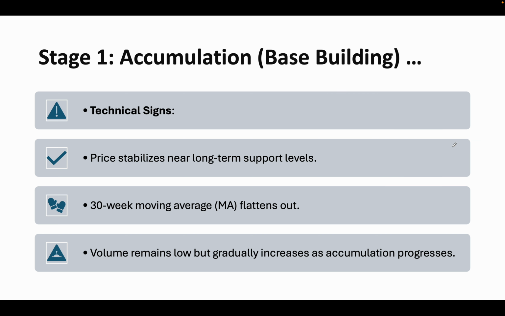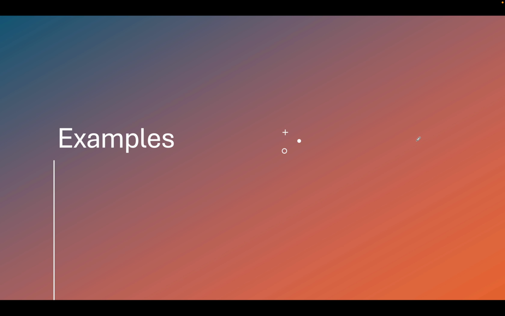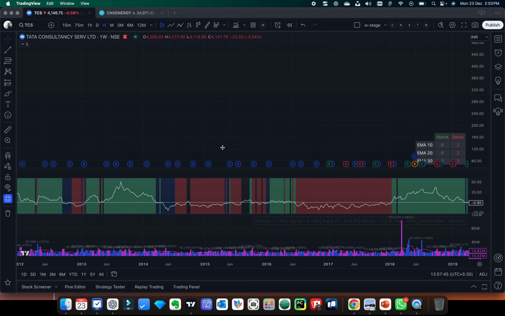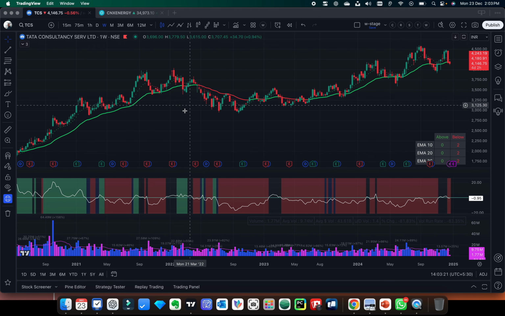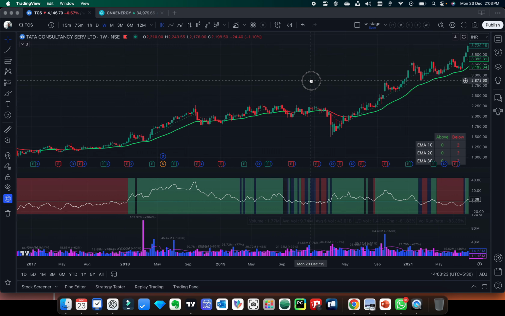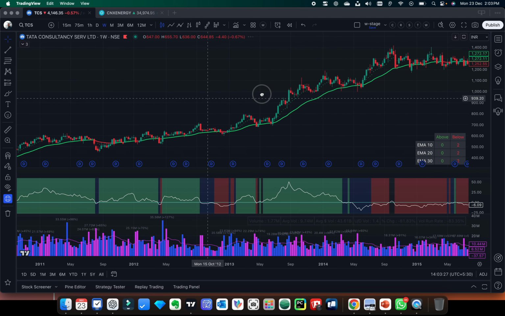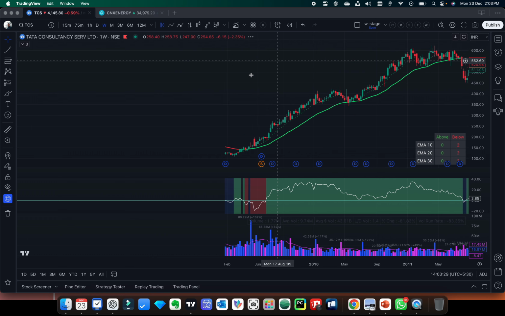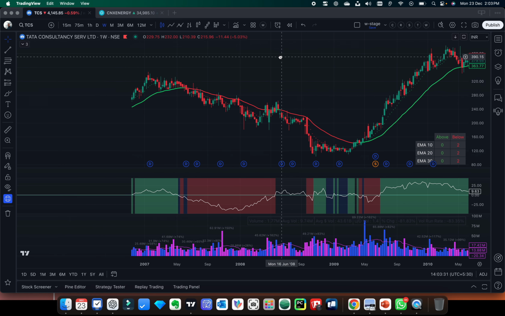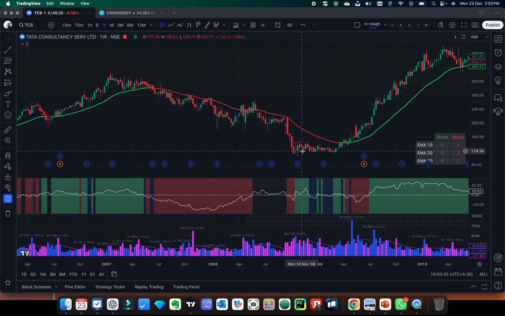Now let us see some of the examples. See here, this is the example of TCS. Let us find out the basing area. Yes, this is the basing area.